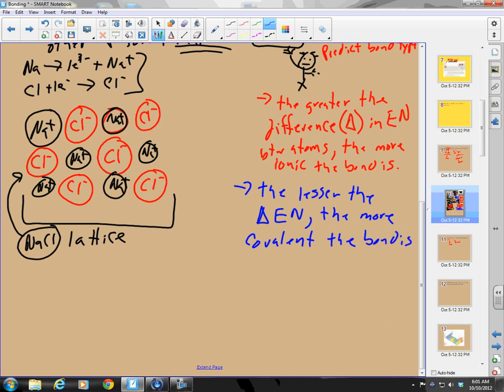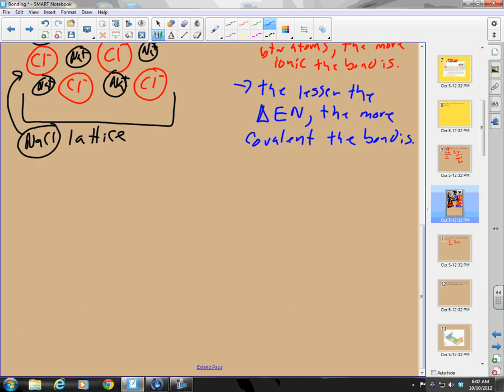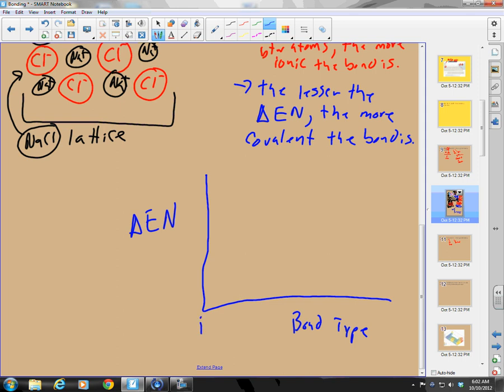Because really it's a continuum from covalent to ionic. Let me draw a nice little graph. Let's put my change in electronegativity, and let's say bond type down here. Let's say that this is pure covalent, and we'll get into that in a second.